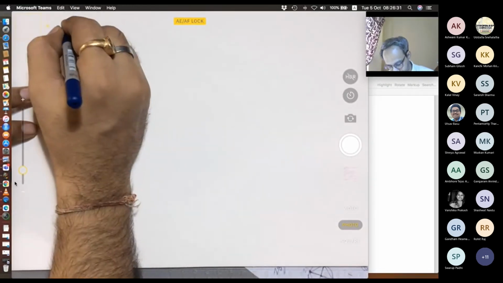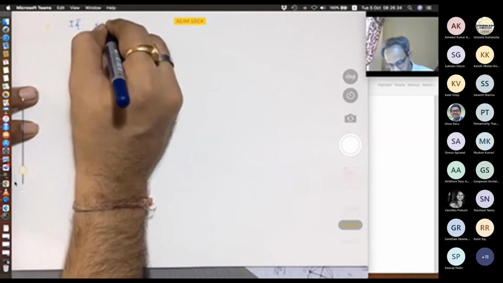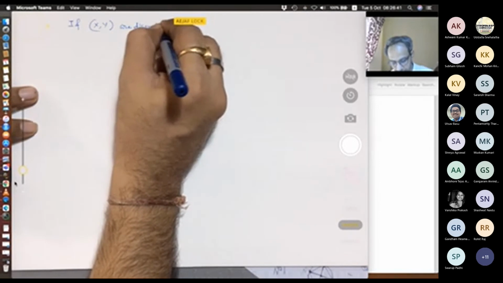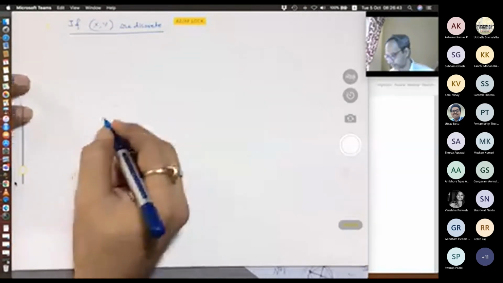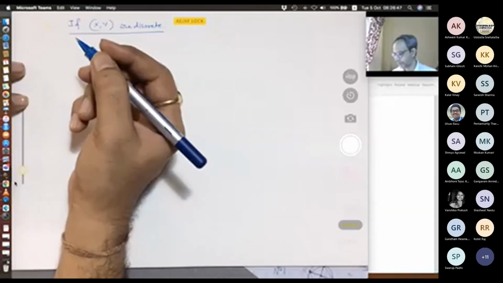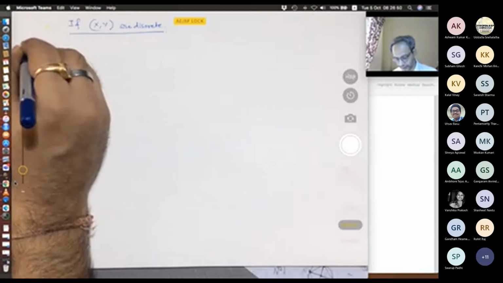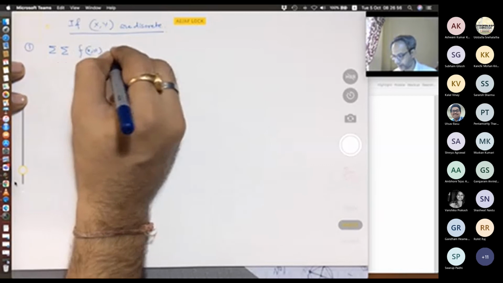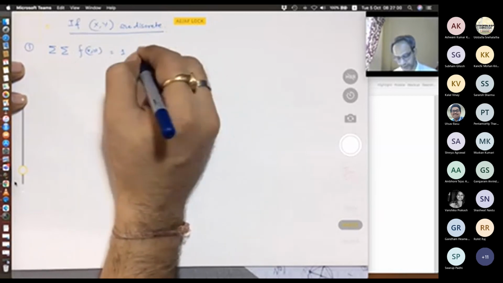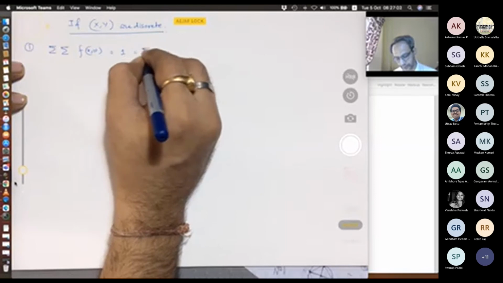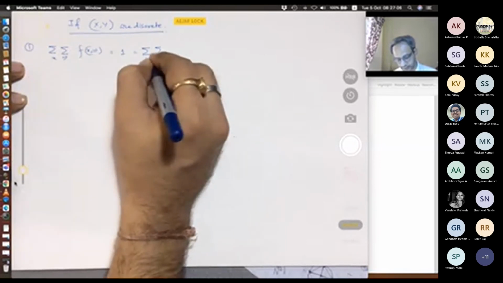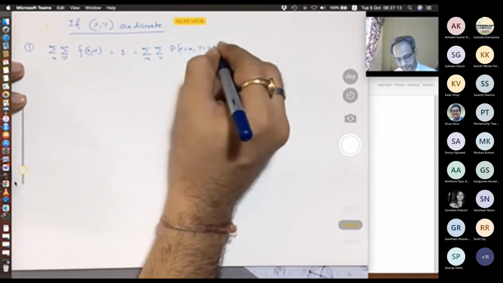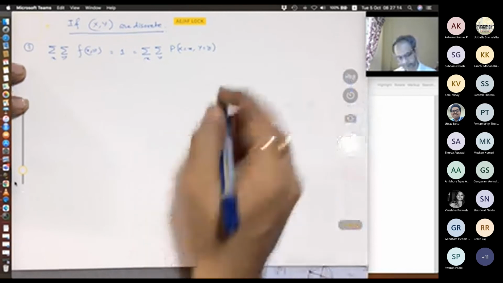So if x and y are discrete, then definitely the sum over all x, y of f_xy equals 1, which is nothing but the sum over probability x equals small x and y equals small y. This is the situation.